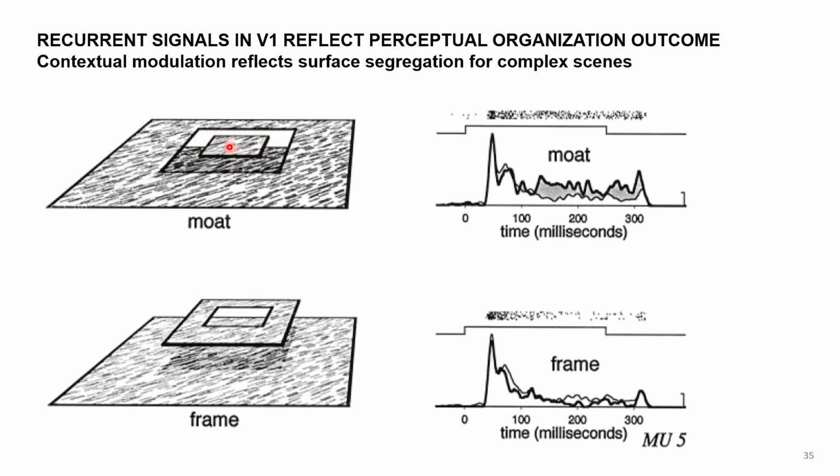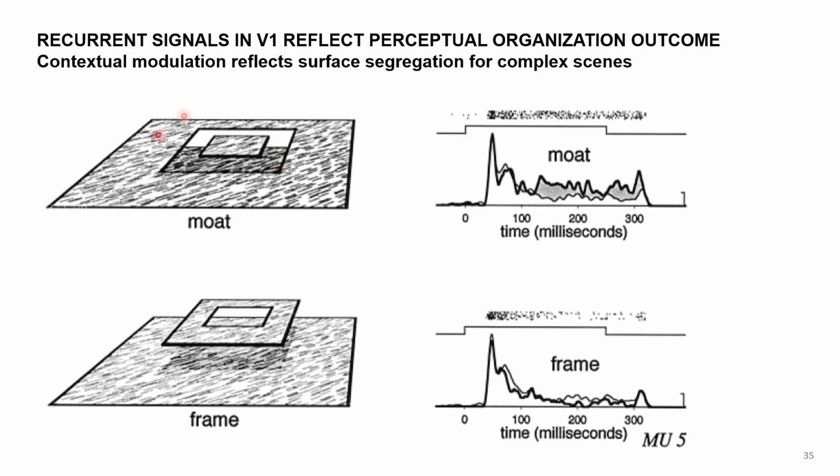If you record from neurons here in the center of the stimulus, in this case these neurons would represent a figure again. That's the perceptual interpretation you have. But in the frame case, these very same neurons would sit over there, representing the background. And indeed, if you look at the neural signals, in the mode situation you get this modulation again, the figure-ground elevation, which you don't get for the frame situation.